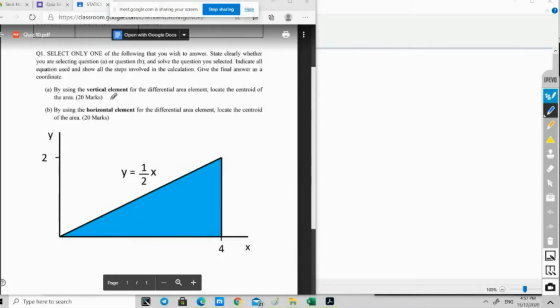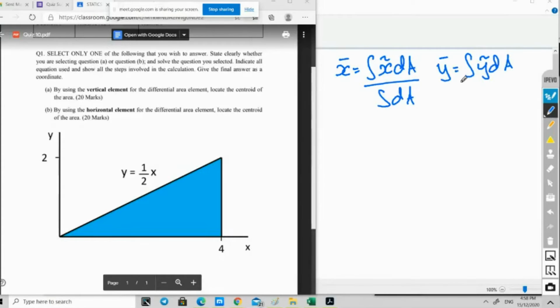So either be it vertical or horizontal, the equation is the same. It will be x bar equal to integration of x with dA over integration of dA, and similarly y bar equal to integration of y with dA over integration of dA.